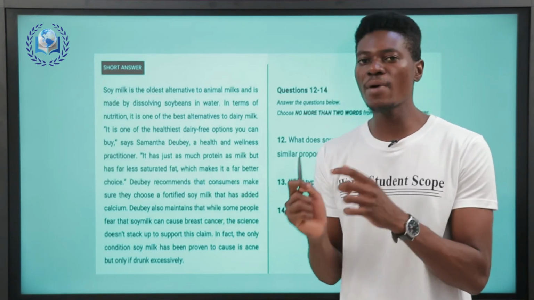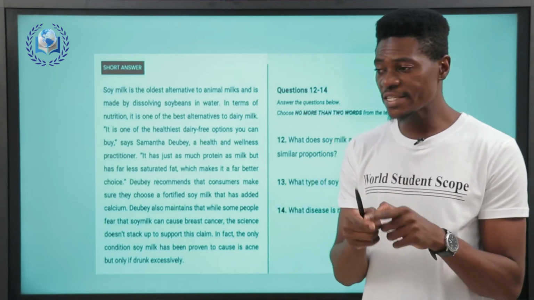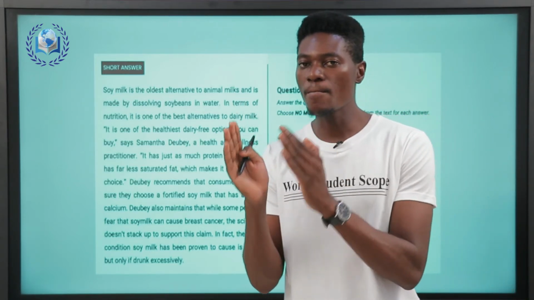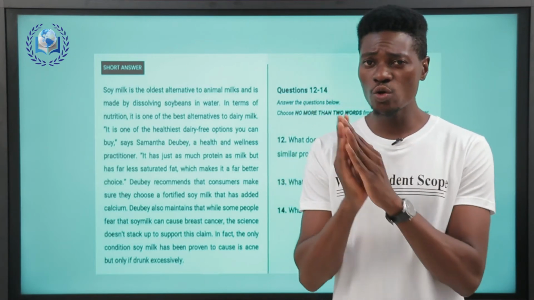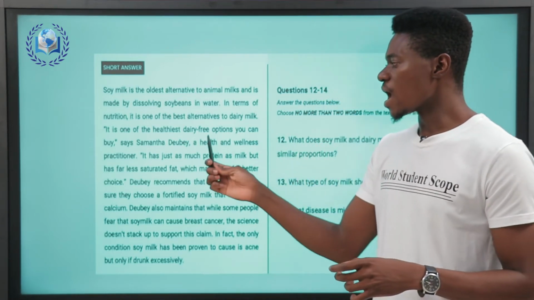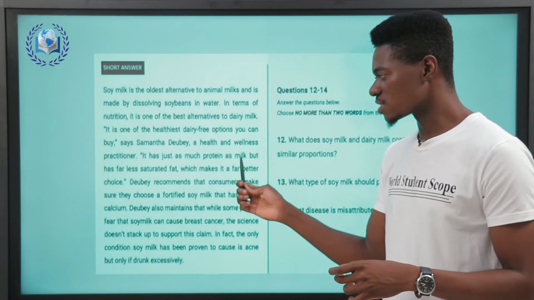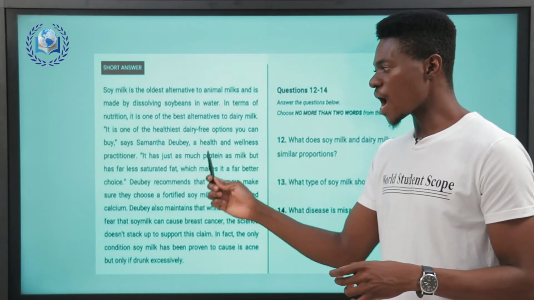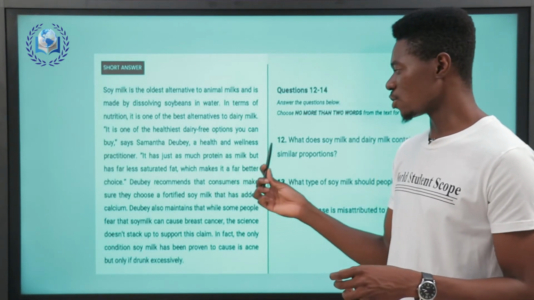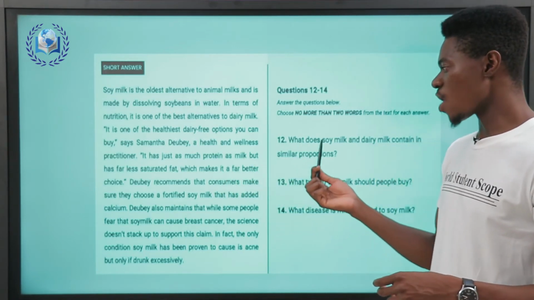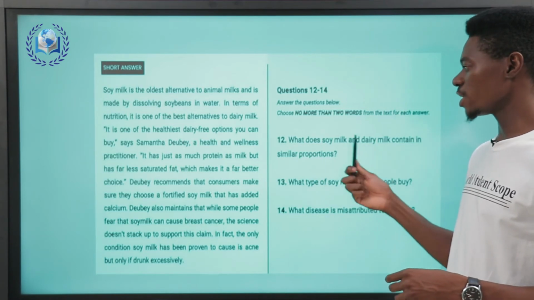When we see as much as, that means it's a comparison between two things. And here they say as much as. Then we have been given protein. So in this one, we find what soy milk and dairy milk contain in similar proportion.